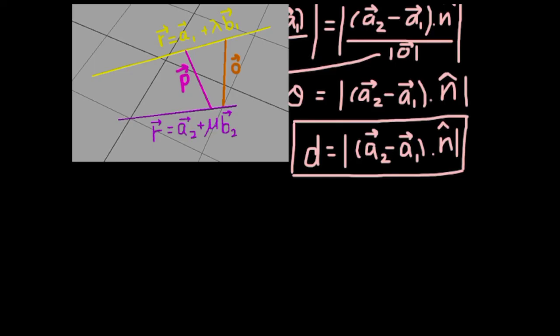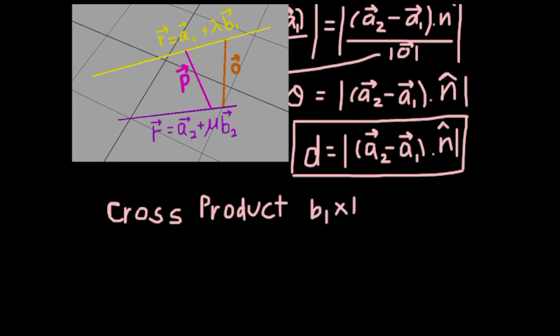We can write d as o vector magnitude times cos theta, because multiplying the o vector by cos theta gives d. So now d is equal to the magnitude of a2 minus a1 vector dot n cap.